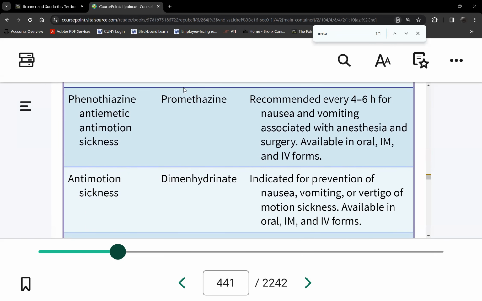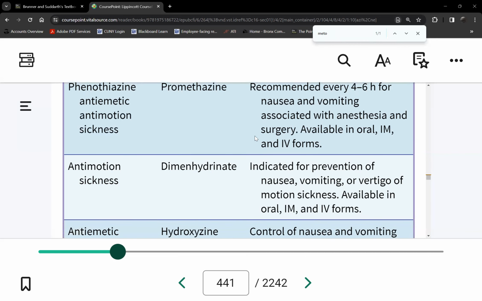It went off the market because the IV route caused a lot of vascular complications. I don't know what happened, but it's back. I know between 2005 and 2010, it was off the market.